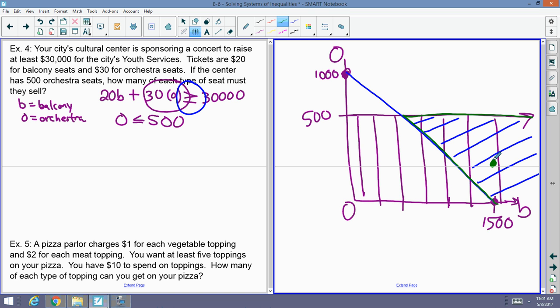I can sell 1,500 balcony, and let's just say that this is relating to like 250. I can sell 1,500 balcony and 250 orchestra seats. Or I can sell 1,500 balcony seats alone. Or I can sell, let's say, 1,000 balcony seats and 400 orchestra seats. Any combination in here would be a solution.